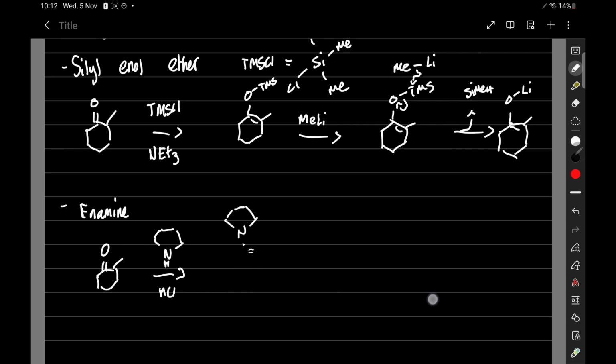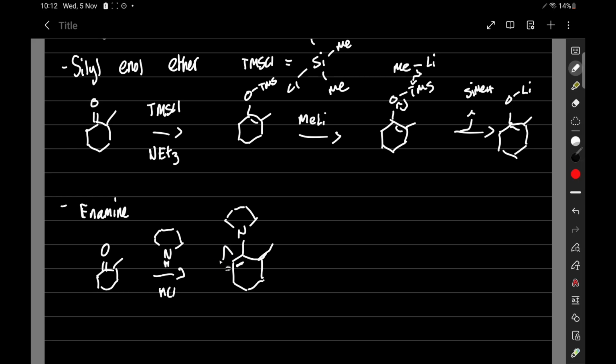Let me draw that a bit clearer. So this is my kinetic enamine. You can see that the double bond here is now at the kinetic position. The least substituted enamine has been formed, and this will react like the enolate would.